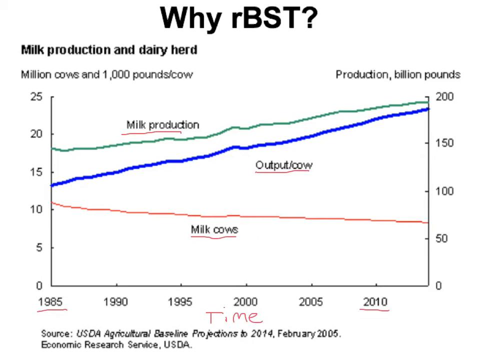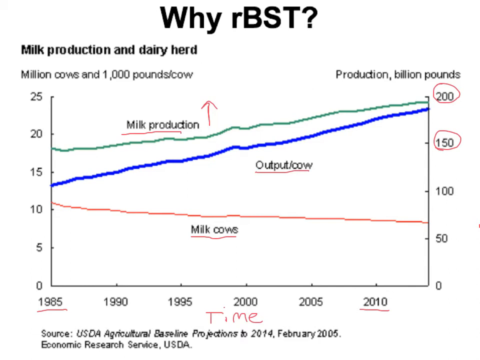So what you can see over these 25 years is that milk production increases, and it increases from about 150 billion pounds to about 200 pounds. Over the same time period, the output per cow, how much milk is made by each cow, increases as well.